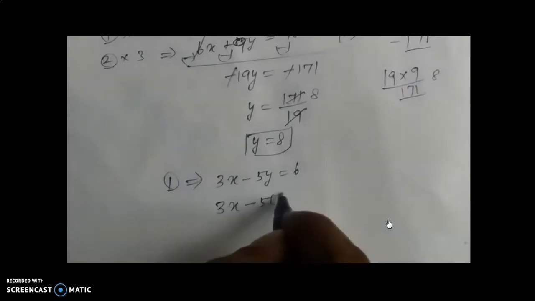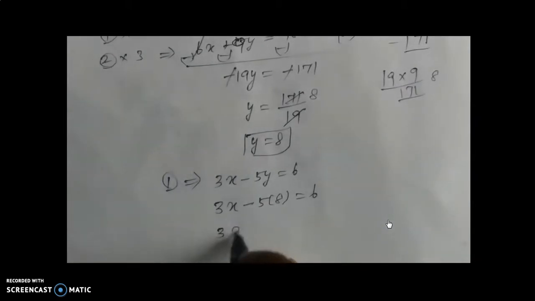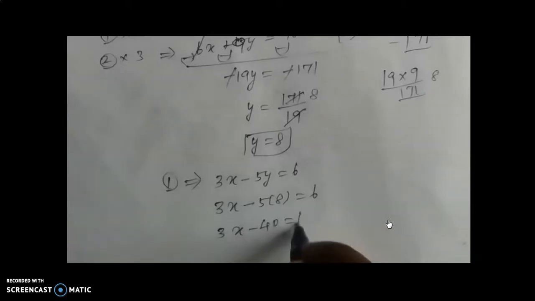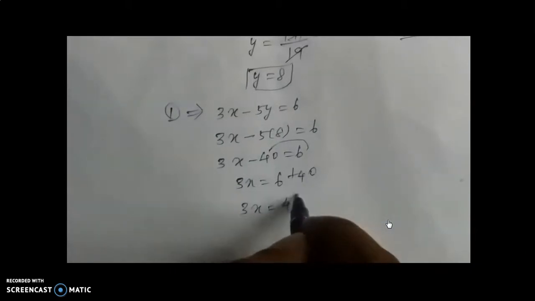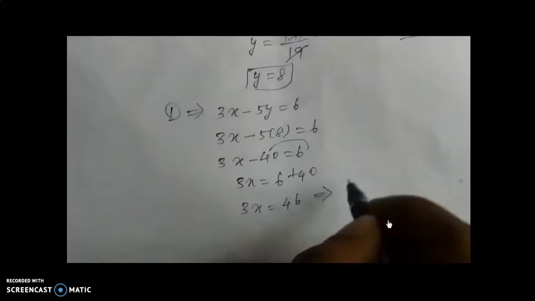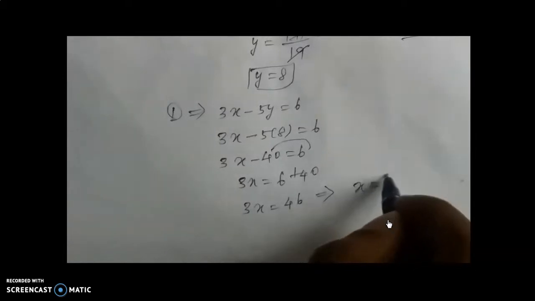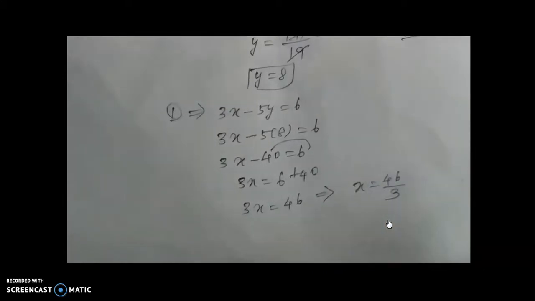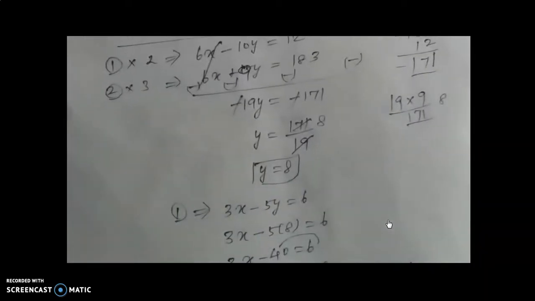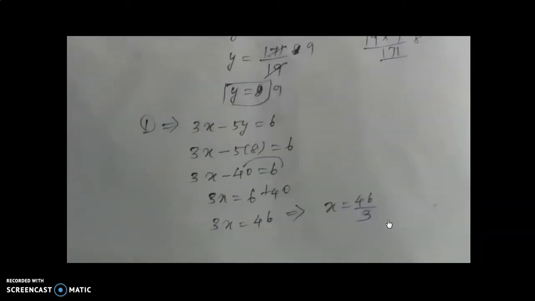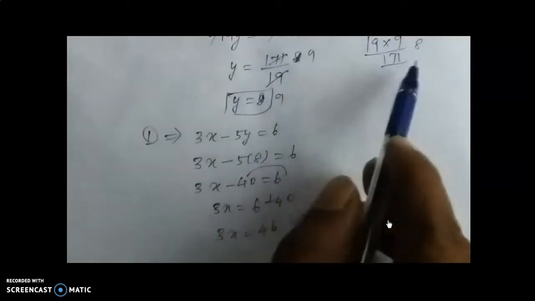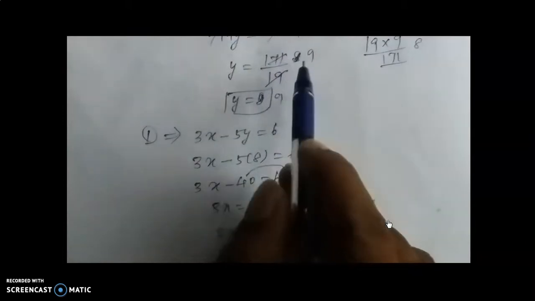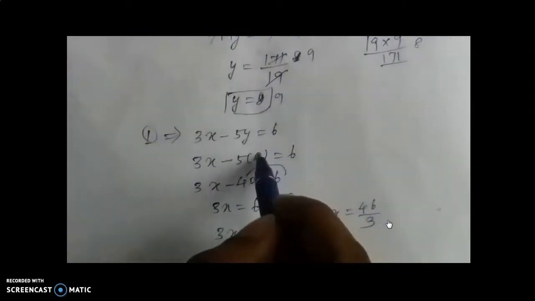So 3x minus 5 into 8 equals 6, so 3x minus 40 equals 6. Actually I took it wrong here. The y value is 9 only: 9 into 19 is 171, but I took 8. So substitute 9 here.